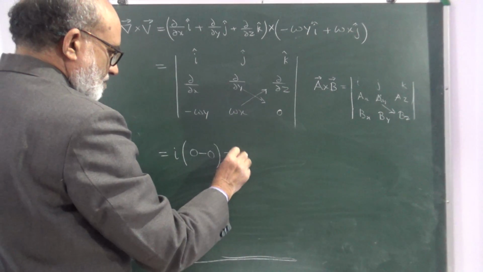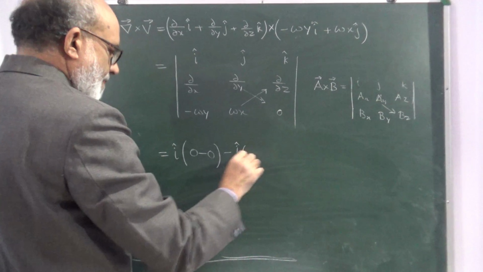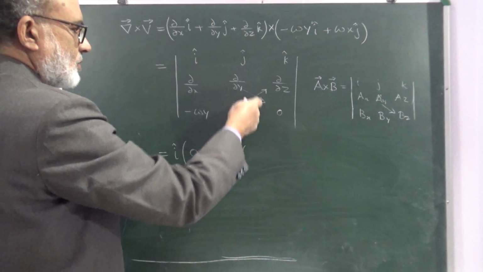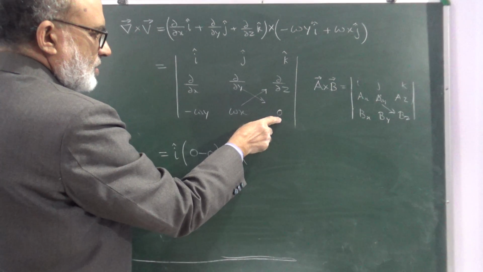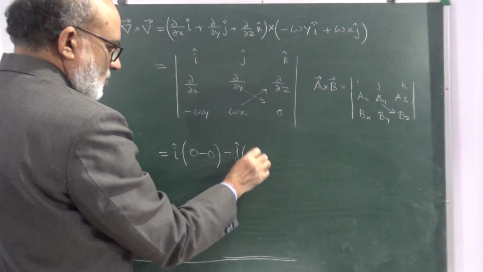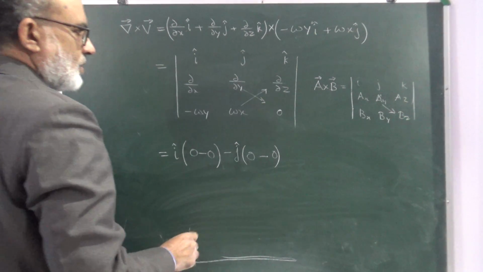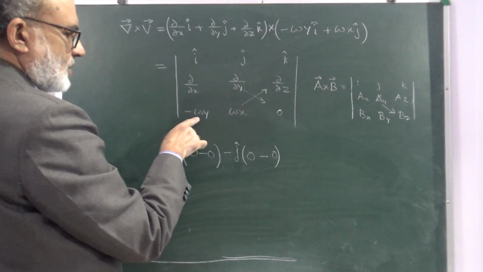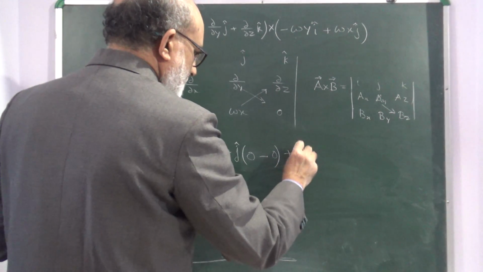Now minus j. You hide this row and column. So del 0 by del x, 0 minus, this will again be 0, because this is differentiation with respect to z, there is no z here. Now the k component.